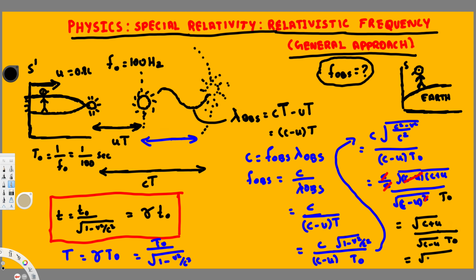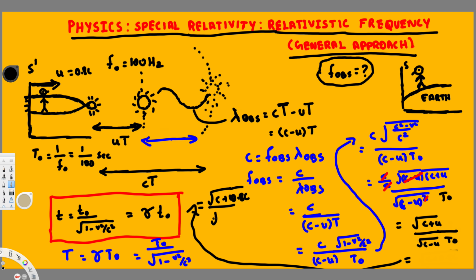So this is going to be the square root of c plus 0.8 c in the numerator.